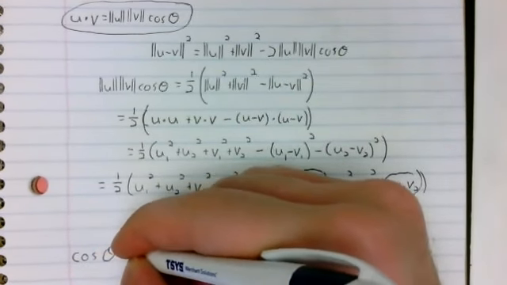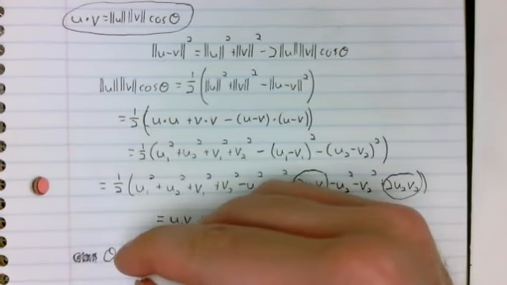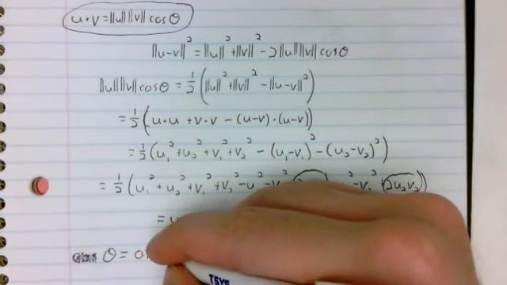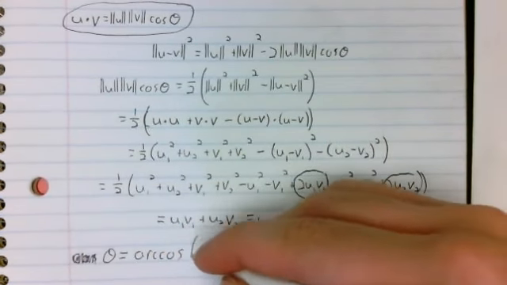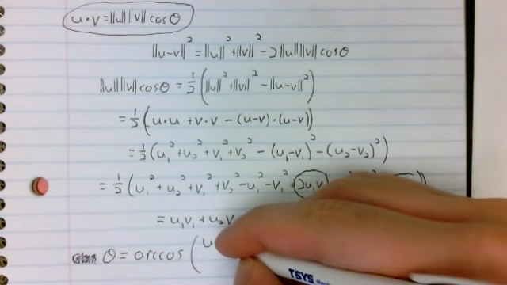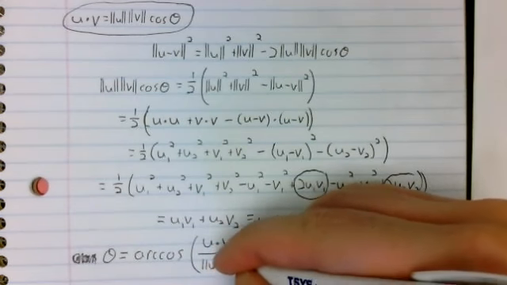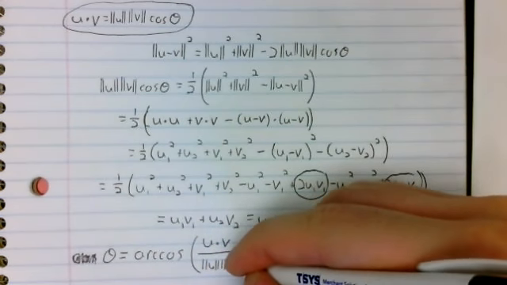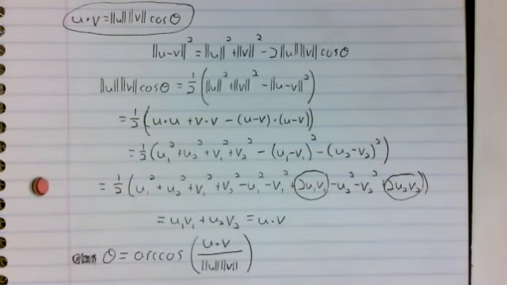Theta equals the arc cosine of u dot v divided by the product of the norms.